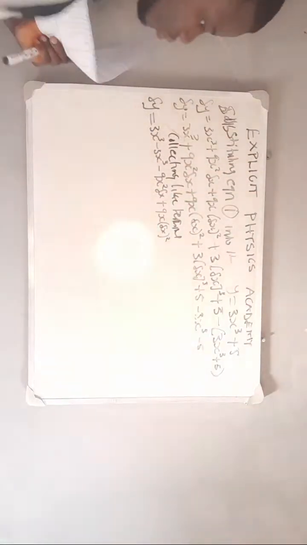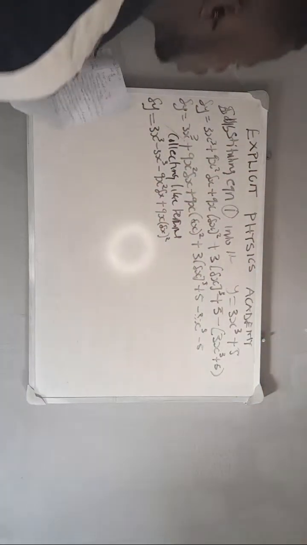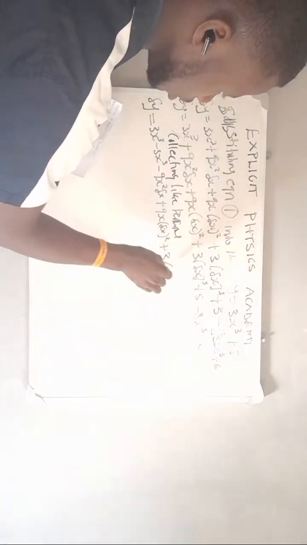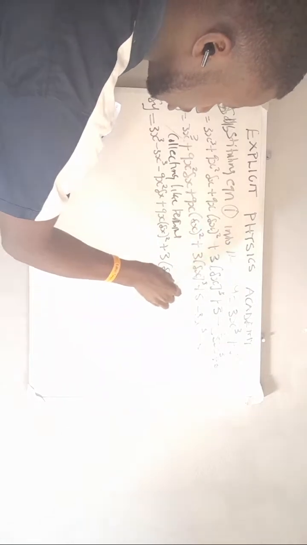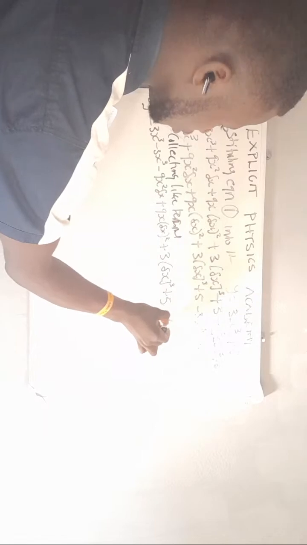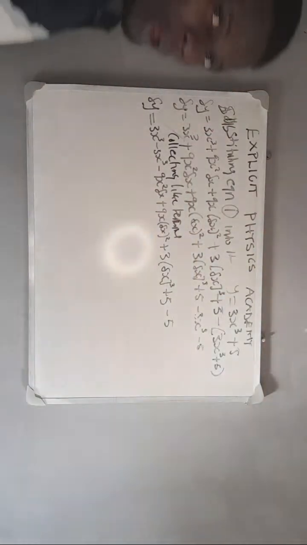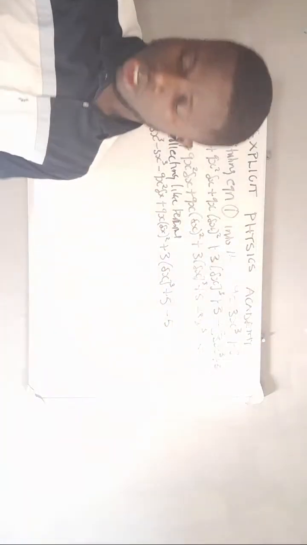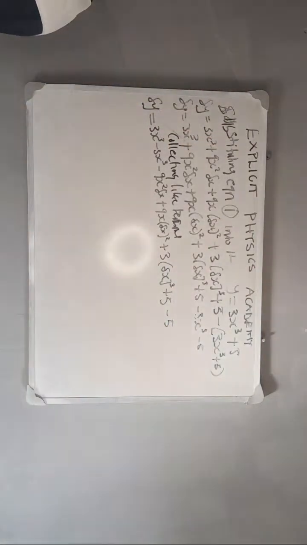Let me just clean this part so that it will make more sense. I believe you've copied this already, so we are moving on. We are making progress over here. If you're just joining us, you can try to join us. We've not gone too far.